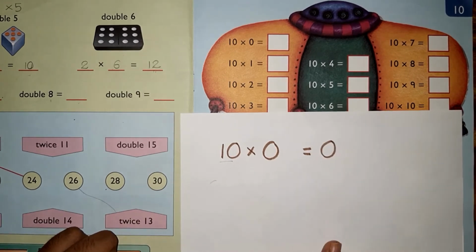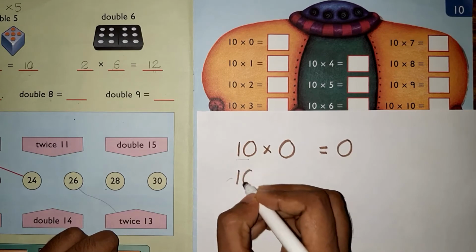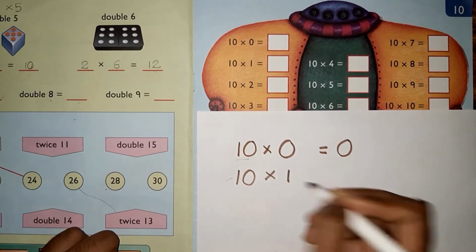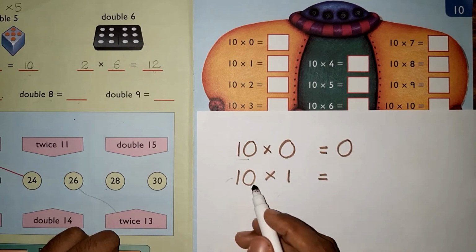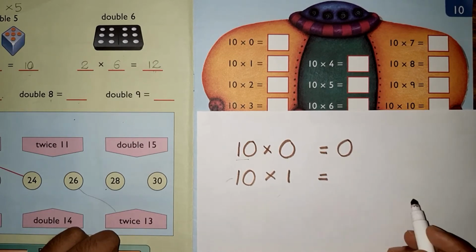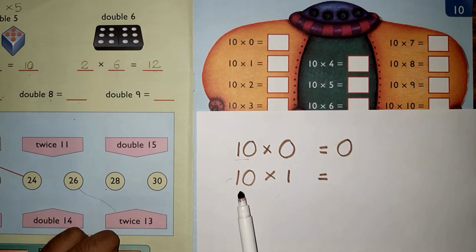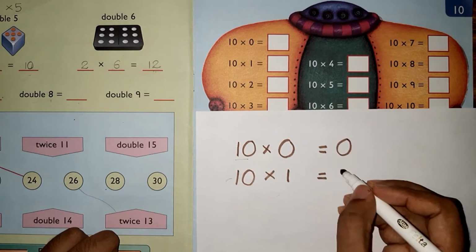0. Then 10 times 1. That means 10 sets with only one object. So you can see this 1 is repeated 10 times. Okay, if you can imagine 10 cups with only one object, so there will be only 10 objects.